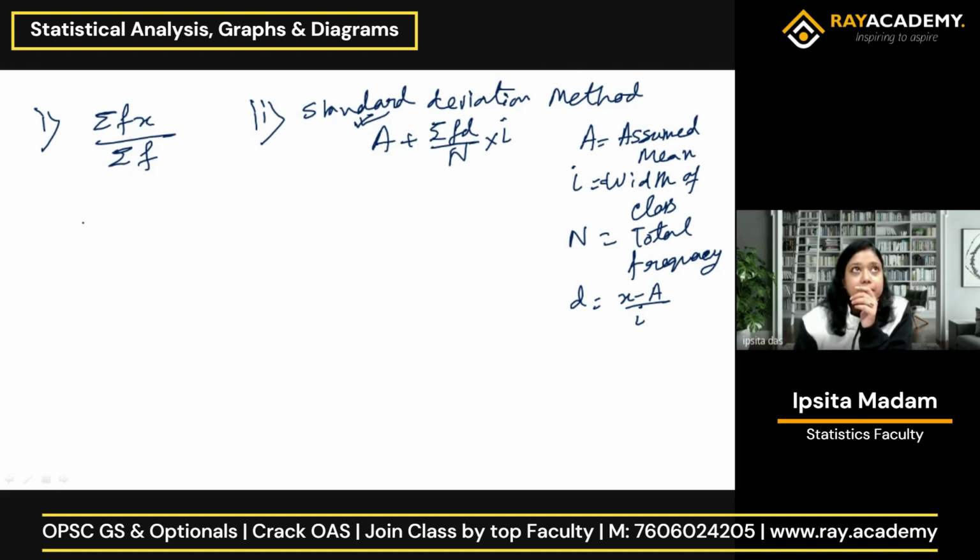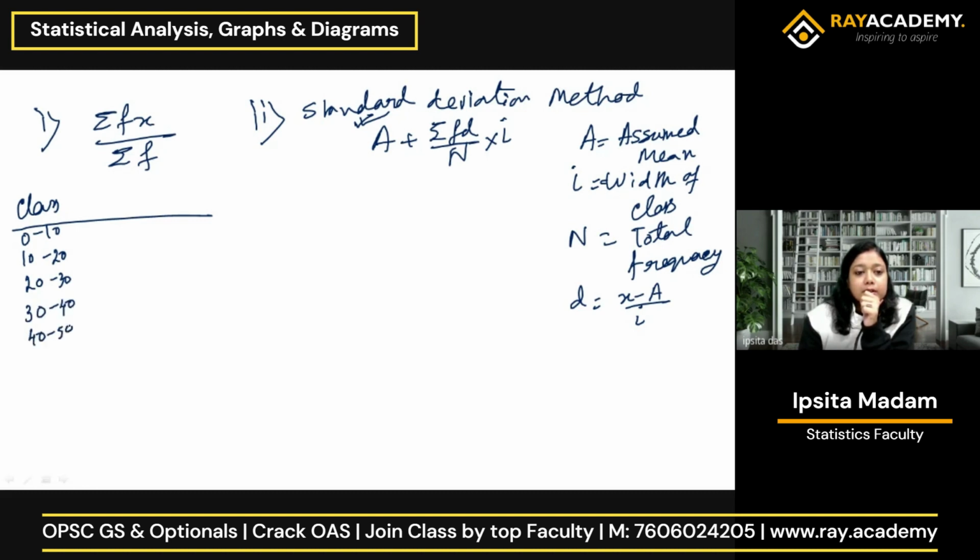When we have classified data, suppose the classes are 0 to 10, 10 to 20, 20 to 30, 30 to 40, 40 to 50, 50 to 60, and under these the frequencies.